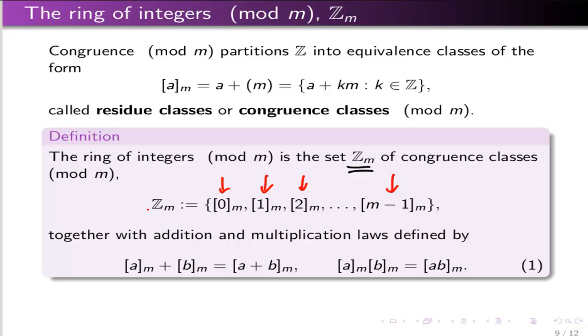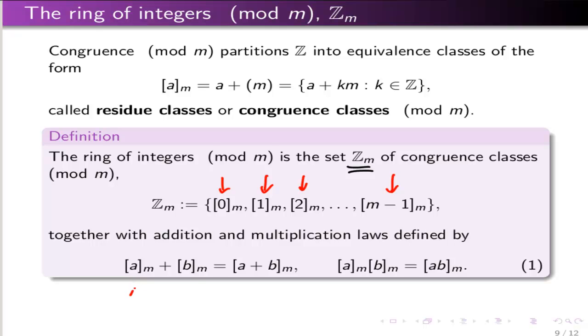So Z sub m is a set containing the m distinct congruence classes. Now I want to call it a ring, so to call it a ring, we have to have an addition law and a multiplication law, and we define those as follows.